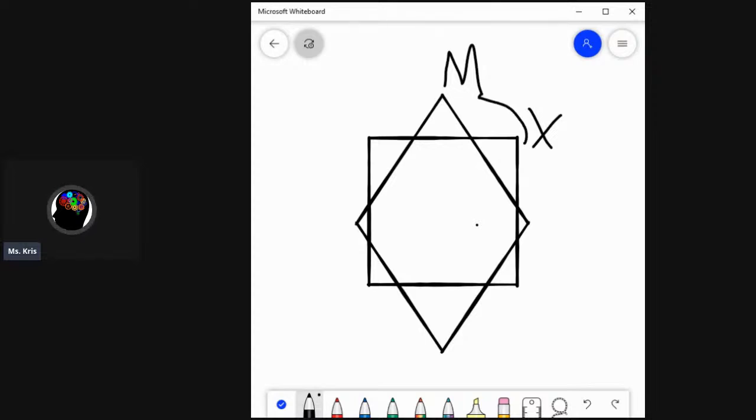So either it's going to the left or going back counterclockwise, or it's going forward and to the right clockwise.